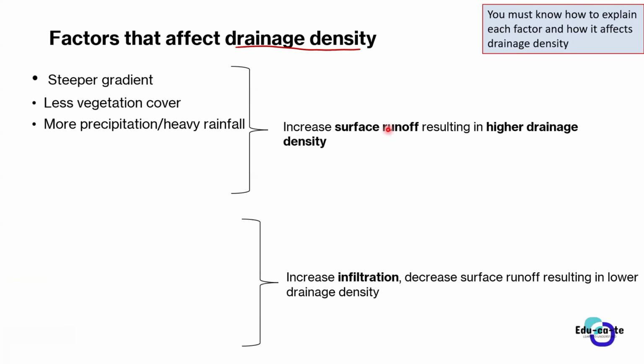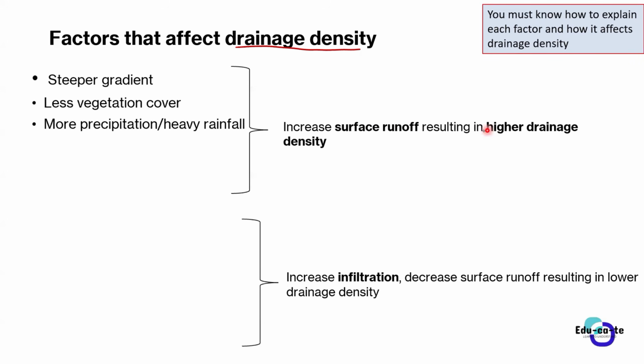Because when there's more rainfall, more water will run off from the catchment area. And as more water is running off, it means that our drainage density is going to be high as well. Because basically the drainage density is referring to the number and the length of streams flowing in a certain area.